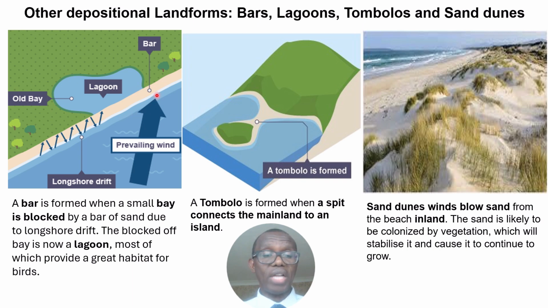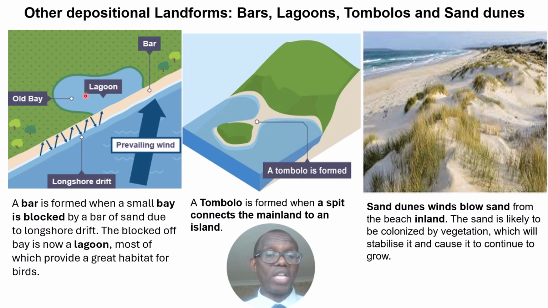And because of that, this particular landform that is created here that is blocking the bay is referred to as a bar. And then behind the bar, you will have a lagoon forming, again, which is likely to be a very low energy environment.